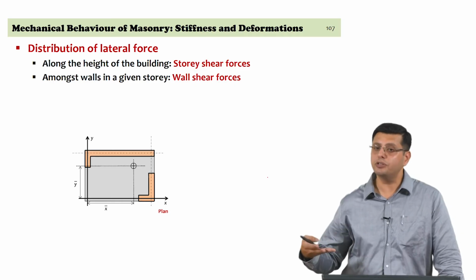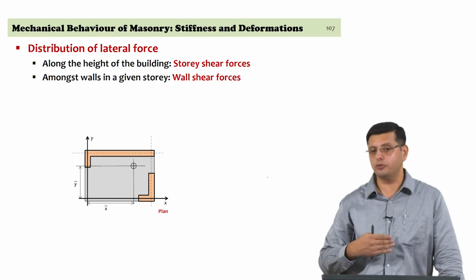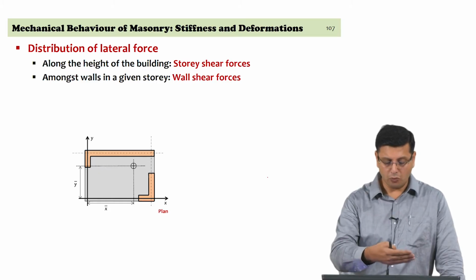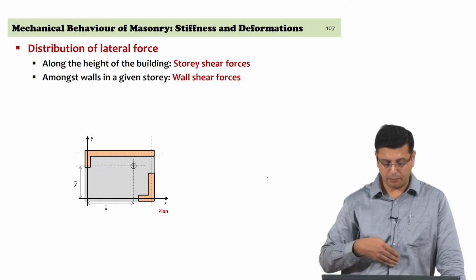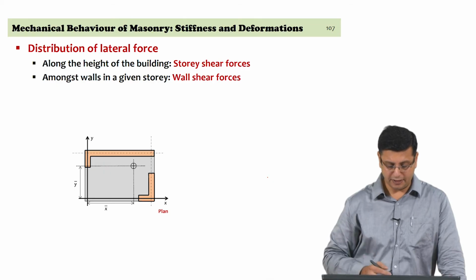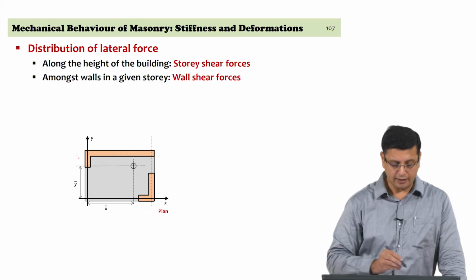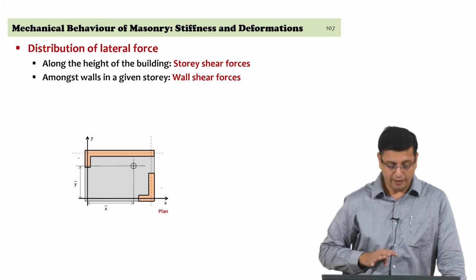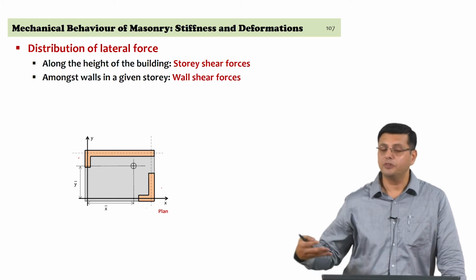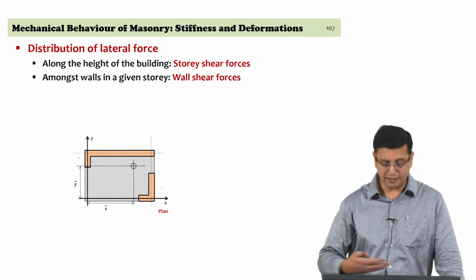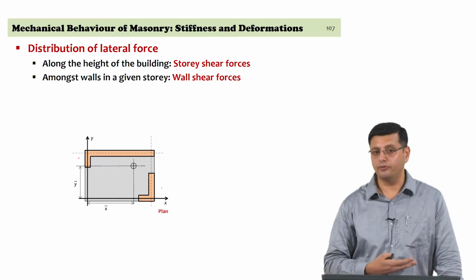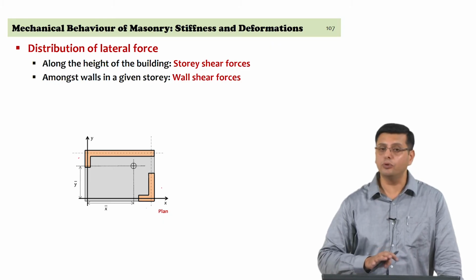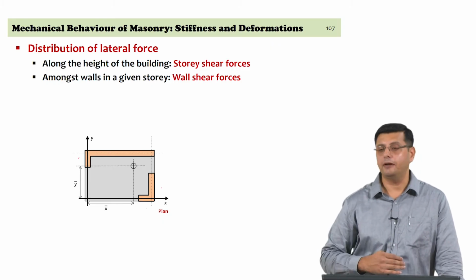In the plan that you can see here, there is a long wall along the x direction at the top, a short wall along the x direction at the bottom, and walls along the y direction of different lengths. Now, depending on the direction in which you are assuming the earthquake force to act and the direction in which you are doing the analysis, you will have to distribute the shear force between these walls.